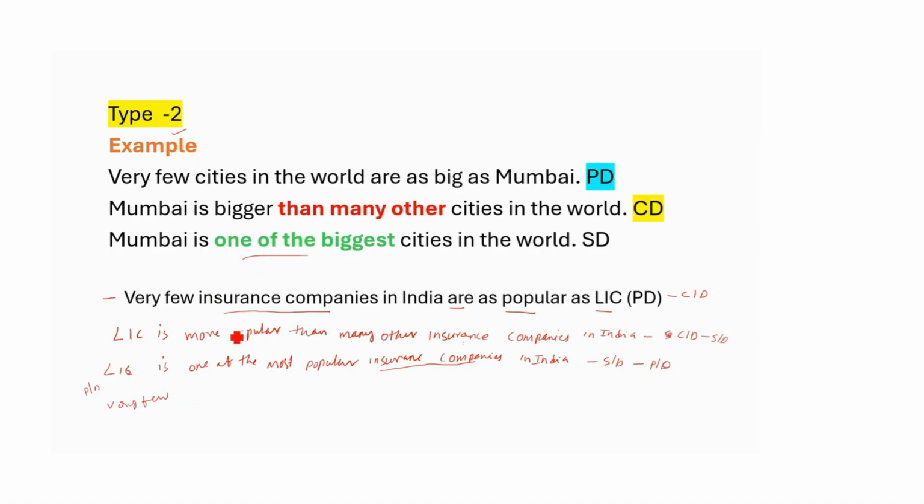Understood? Very few. Why? Because it is type 2. How could we identify it is type 2? It depends on these words. In type 2, the words in comparative degree are "than" plus "many other". In superlative degree, "one of the biggest". So when we observe "one of the biggest", it belongs to type 2. It will change into comparative, "than" plus "any other". In positive, the sentence starts with "very few".